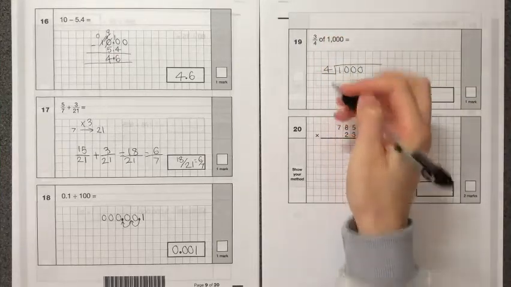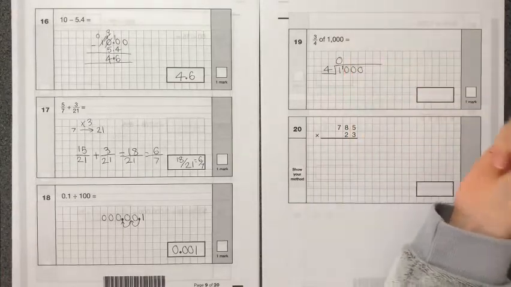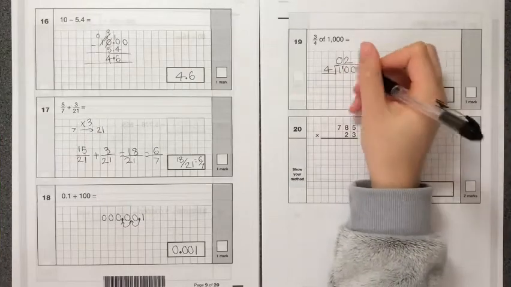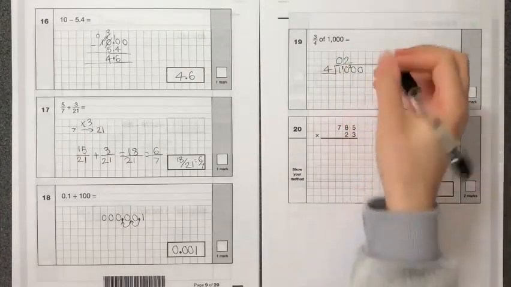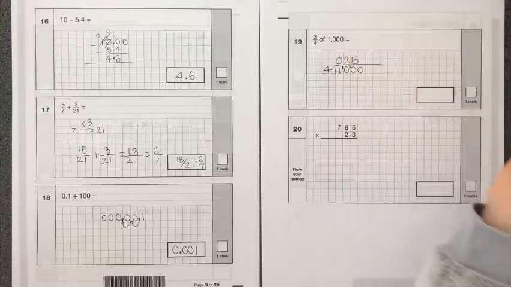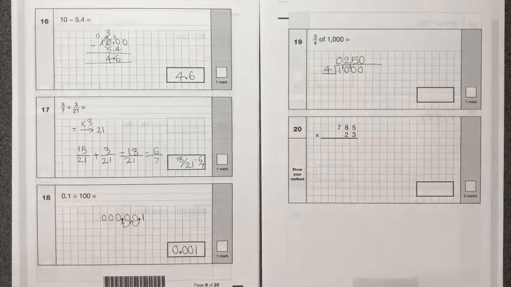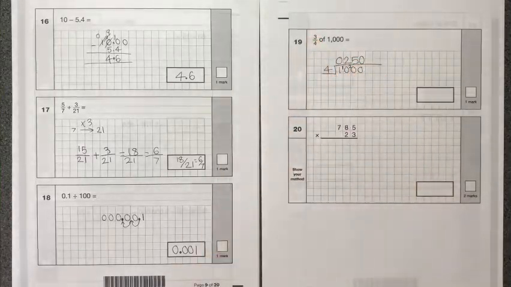Four goes into 1, 0 times, carry over the 1. 4 goes into 10, 2 times, with a remainder of 2. 4 goes into 20, 5 times, with no remainders, and 4 goes into 0, 0 times. That gives us 250. Now we need to multiply 250 by 3 to get our answer.